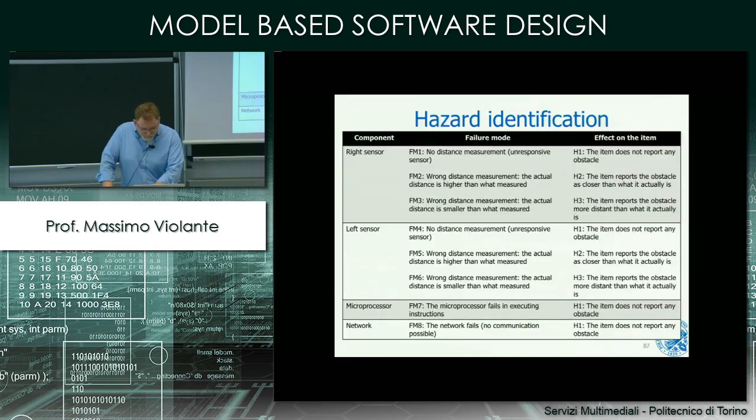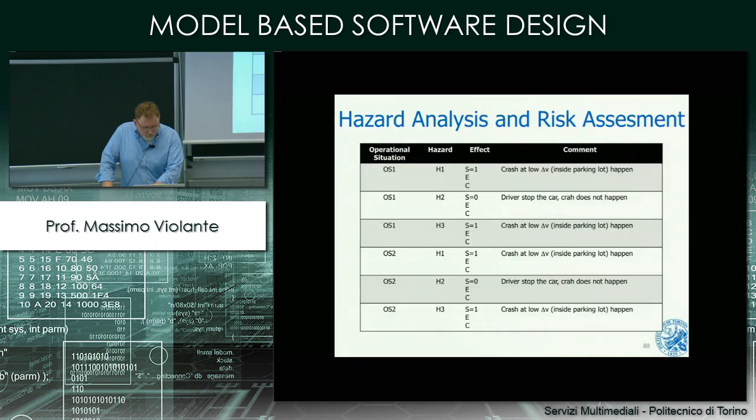Then, following this consideration, we can have this result. So basically we say, for all the operational situations, OS1, OS2, no matter which is the hazard, wherever we have hazard 1, we have severity 1.